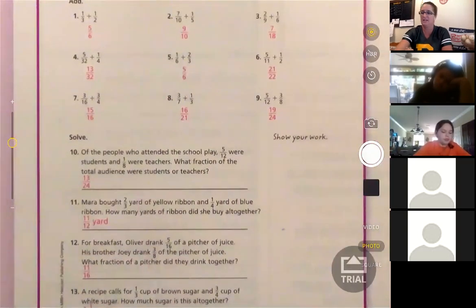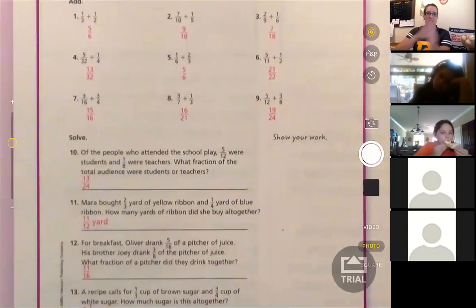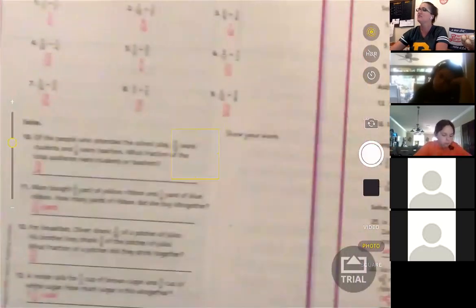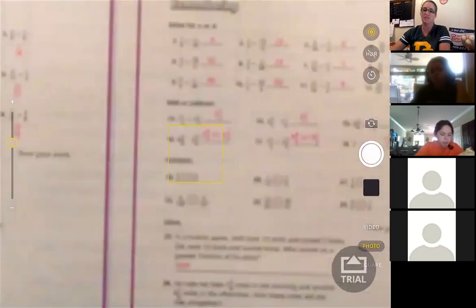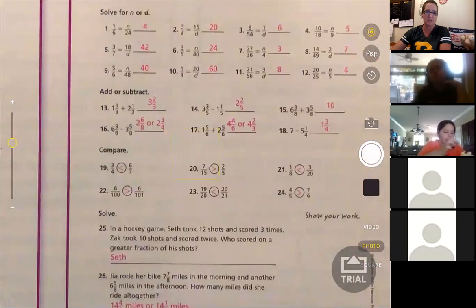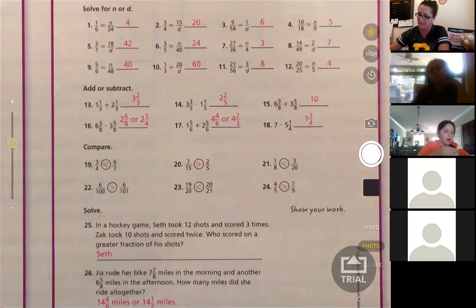All right, let's take a look at the other side. Remember, if you're just raising your hand in your picture, I can't see you guys. I need you to either unmute or raise your hand virtually if you have questions.